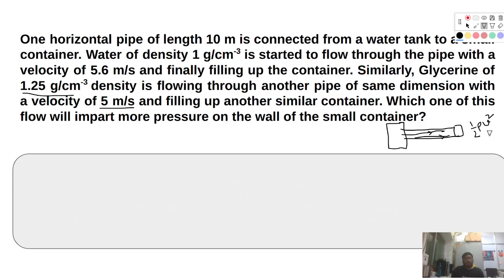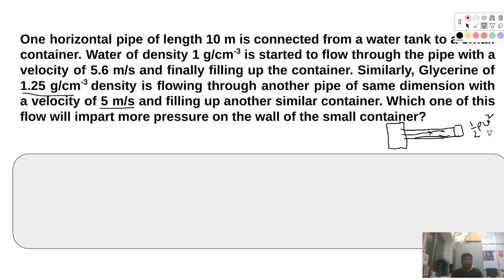Due to viscosity, there can be some dissipation of the kinetic energy, as we already know. Now water has some viscosity and glycerin has some viscosity, but glycerin has a higher viscous coefficient, or glycerin is more viscous than water.